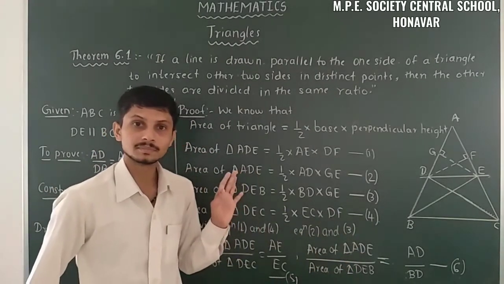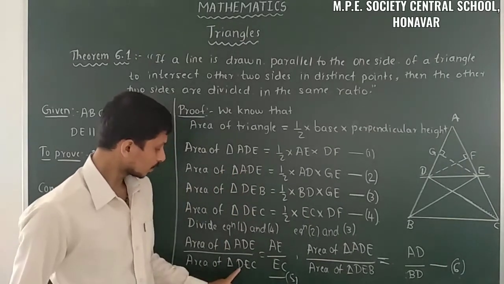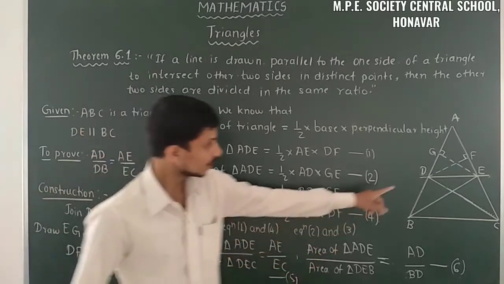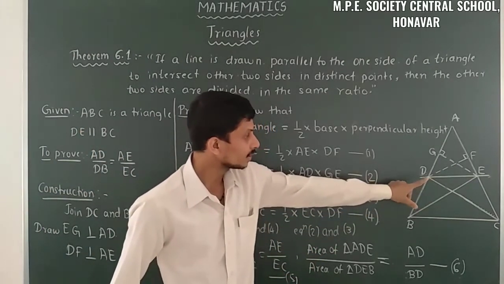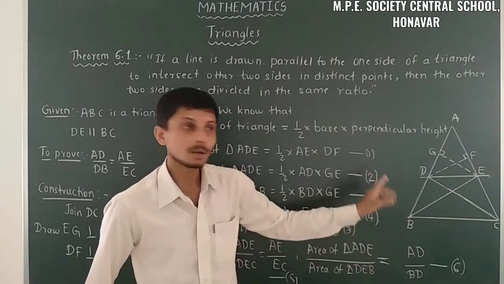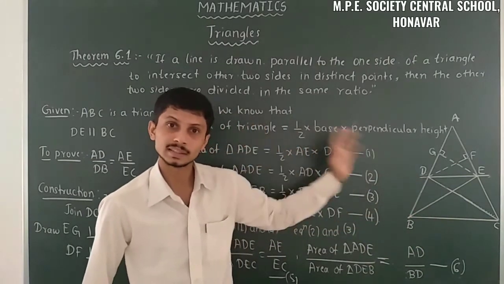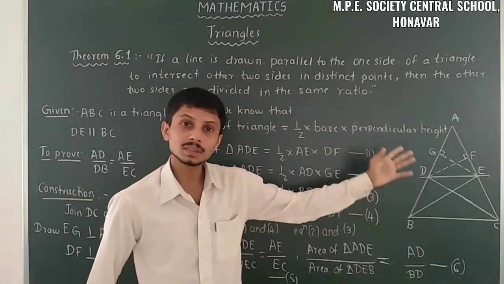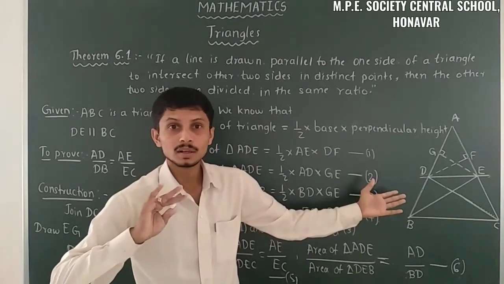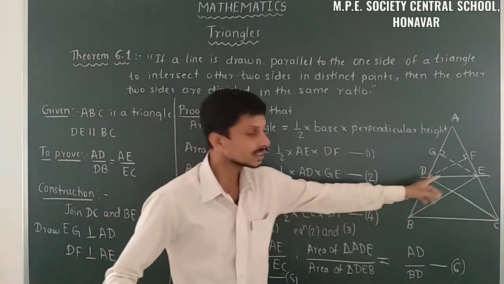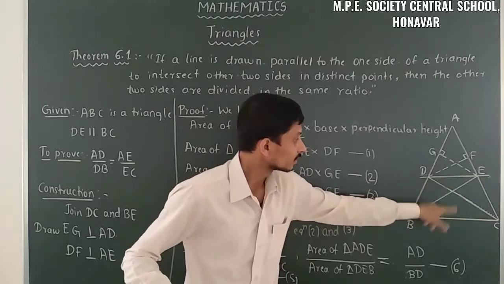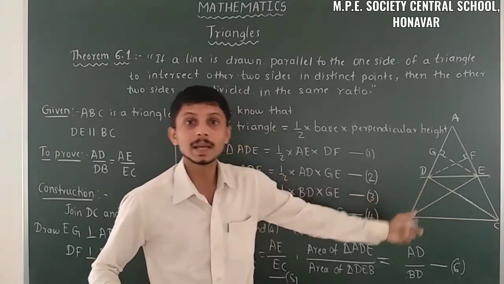Now the area of triangle DEB and area of triangle DEC are formed from the same base. The base is the same for those two triangles, one side is the same, and they are formed between the same parallels.